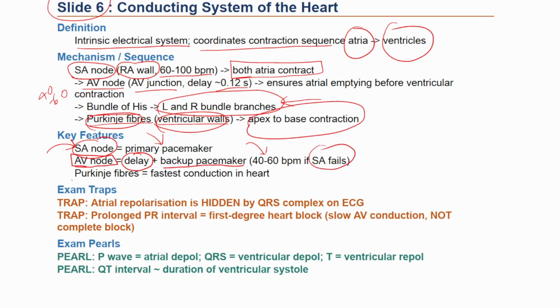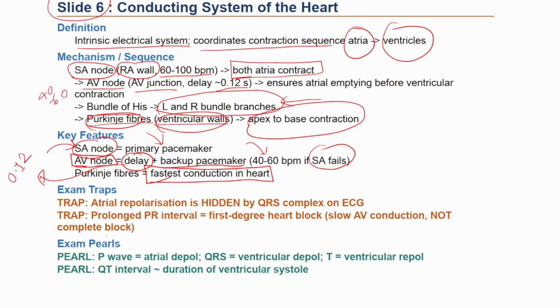And Purkinje fibers have the fastest conduction velocity in the heart compared to all other conduction tissues. All of them are high yield information that you need to inscribe in your mind. A few more nuggets that I would like to share is that the AV nodal pause or delay is 0.12 second, and this ensures complete atrial emptying before ventricular contraction can initiate.